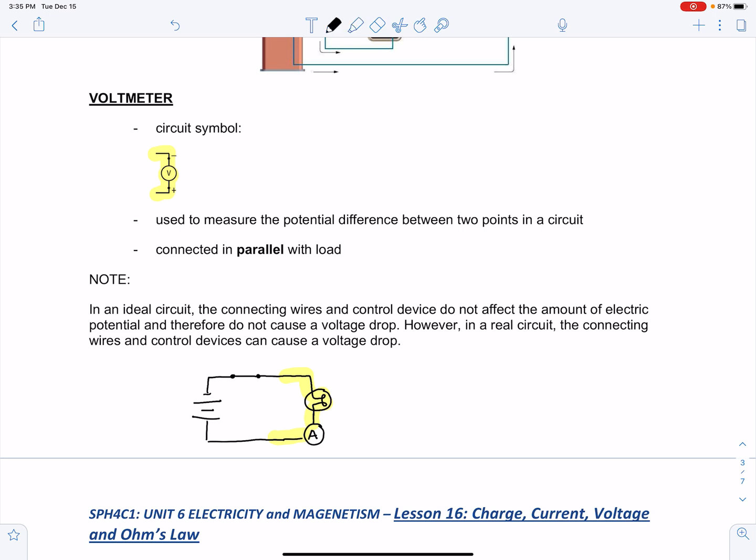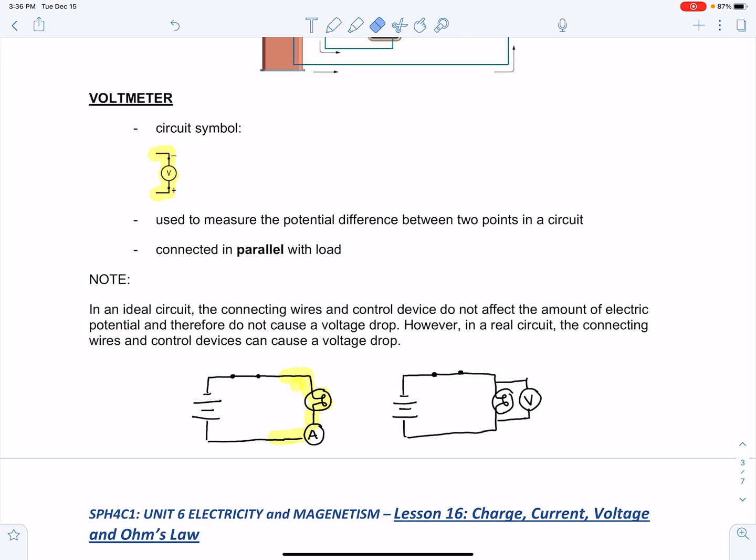Whereas if you were to measure potential difference or voltage across that same light bulb, you have to connect it in parallel. So we'll draw our light bulb, and we would attach a voltmeter like so. 2 branches, one on each side of the load, and connect it in what we call a parallel connection.